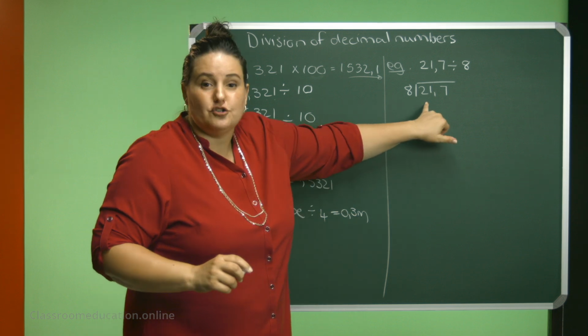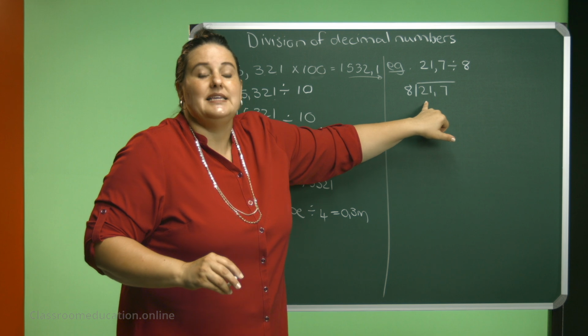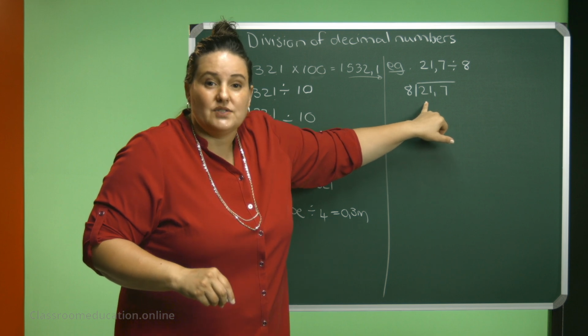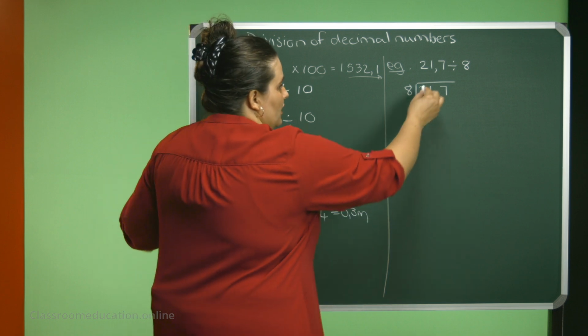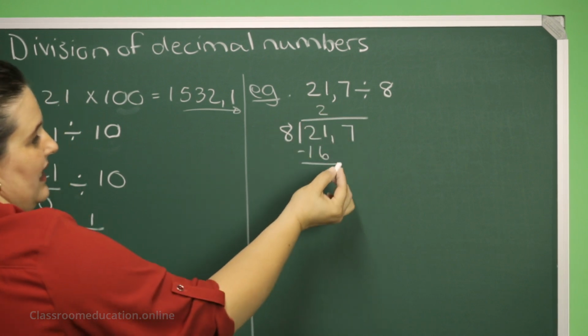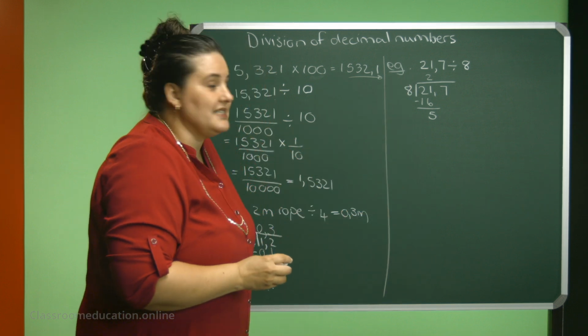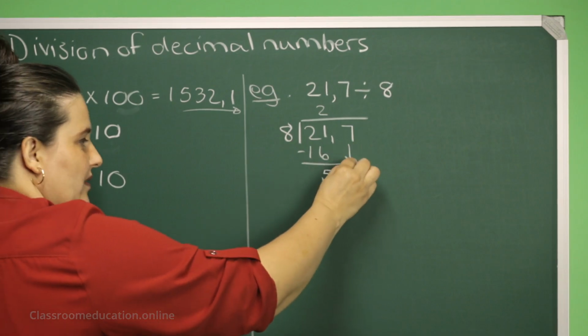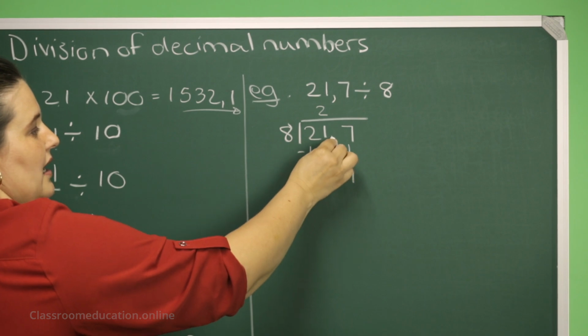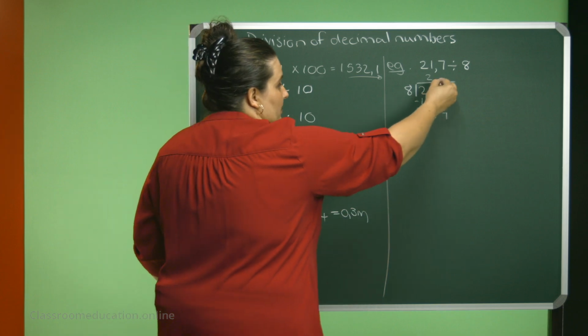Can 8 go into 2? No. Can 8 go into 21? Yes. How many times? 2 times. 2 times 8 is 16. Subtract that. So what's remaining? 5, because 21 minus 16 is 5. Bring down the 7. Now I am crossing the comma, so I need to write the comma there at the top.